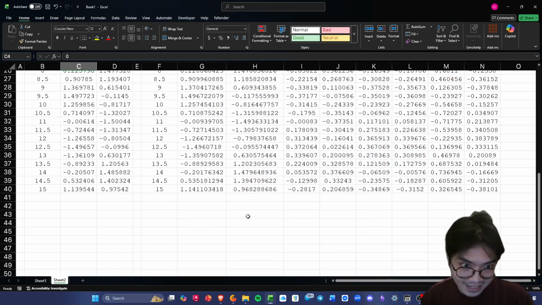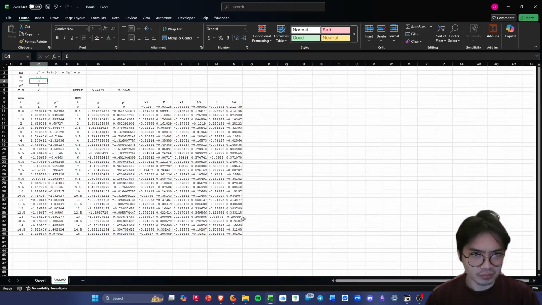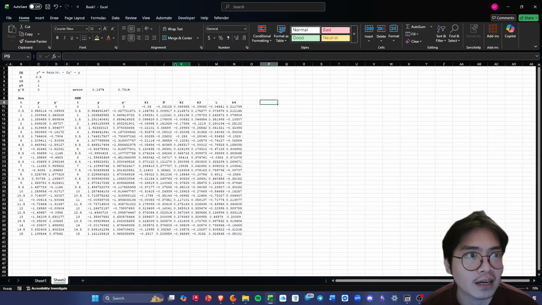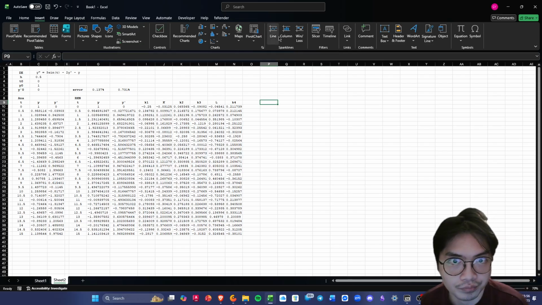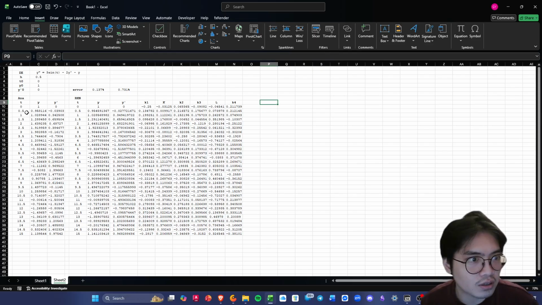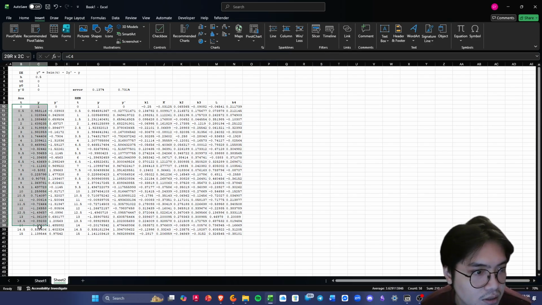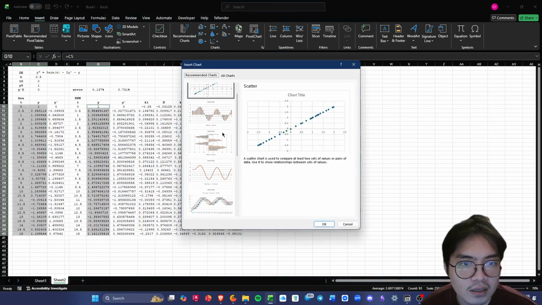It's tiny. And if we want, we can actually graph these. So we're going to have to take a step back, and then let's try to insert a line, or let's just do this, then this, then recommended charts. These ones.